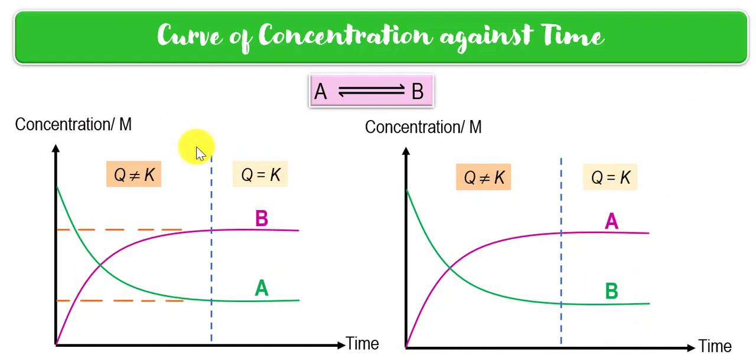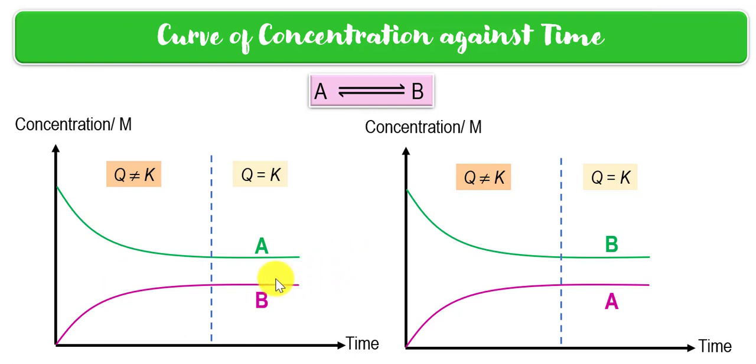We will obtain this shape of curve when we start with the concentration of A. Let's say we have 5 molar here, and then it will reach equilibrium when the concentration is 2 molar, and for B we started with 0 and it will reach equilibrium maybe here at 4 molar. So the curves will intersect like this.